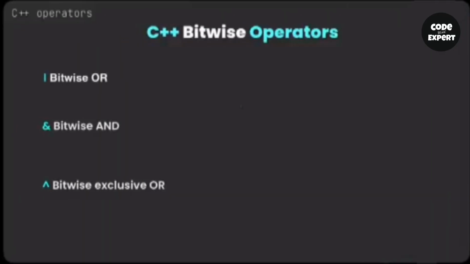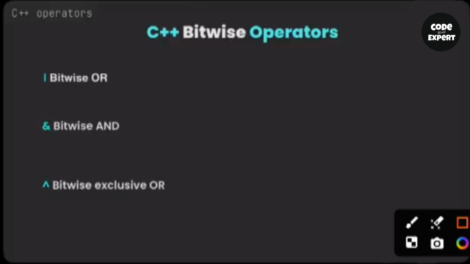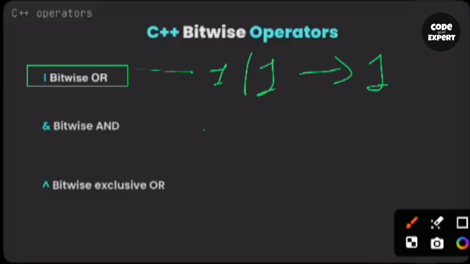So our next bitwise operator is bitwise OR. What does this say here? Bitwise OR, if for example I write two statements which are true, 1 and 1, so it will give us 1. If I write two statements which are not the same, it will also give true.